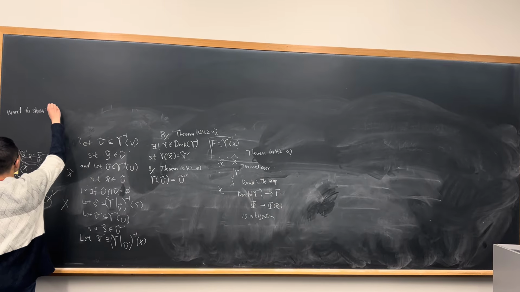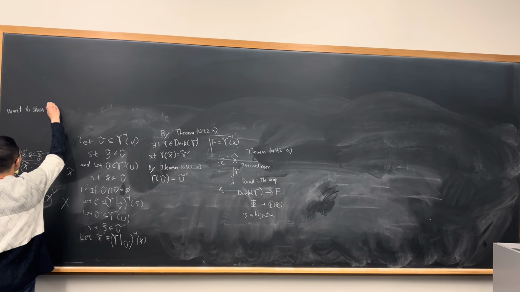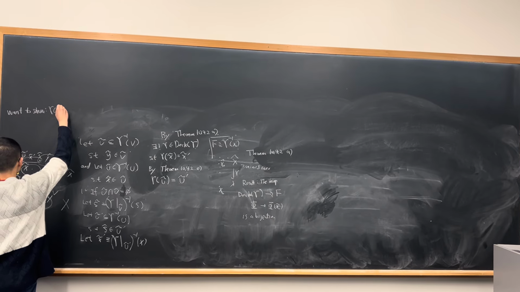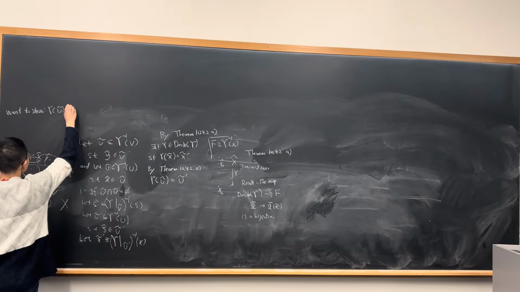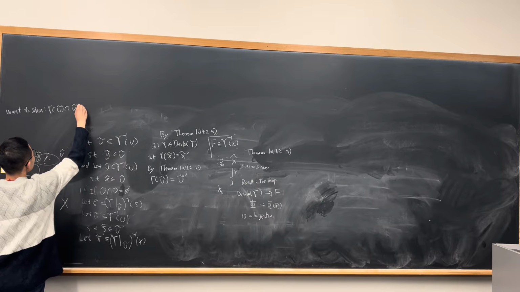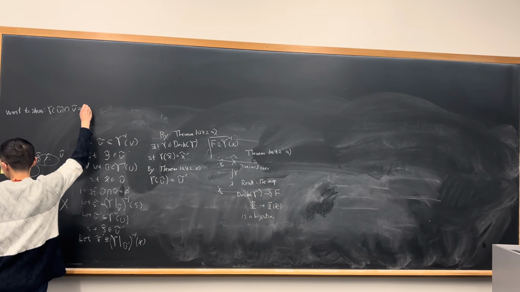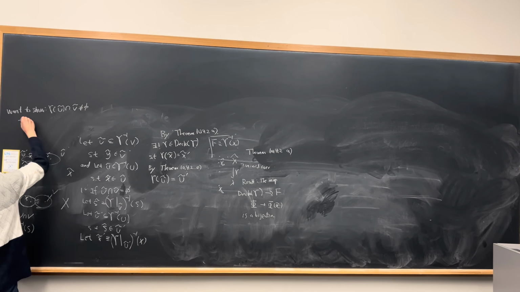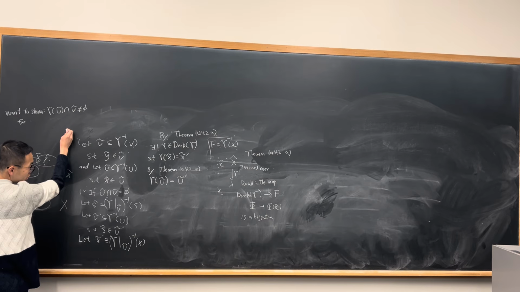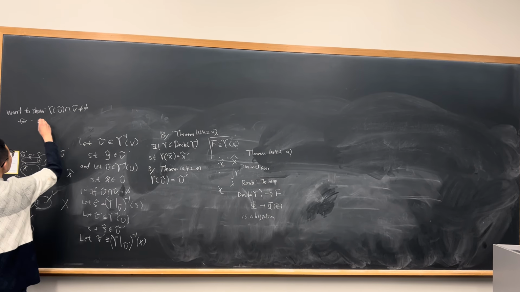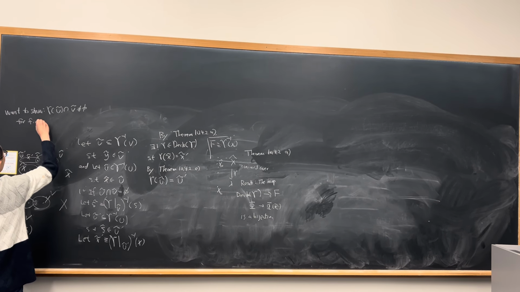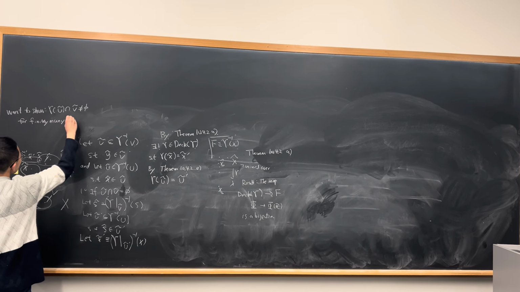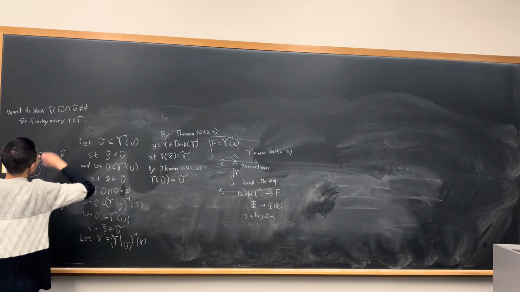So we want to show that this gamma of this U tilde intersect this V tilde is non-empty for finitely many gamma in Gamma.